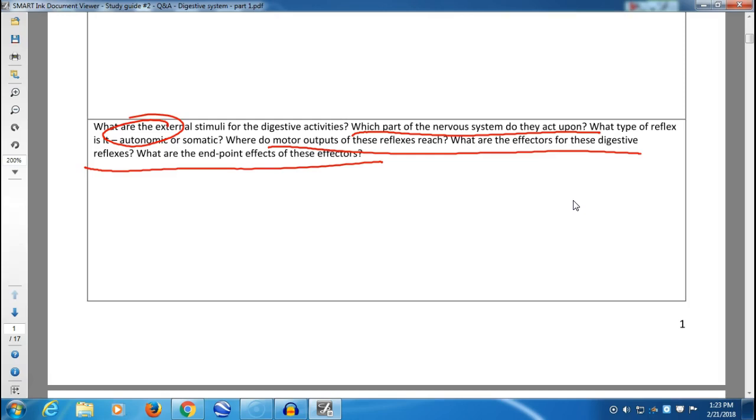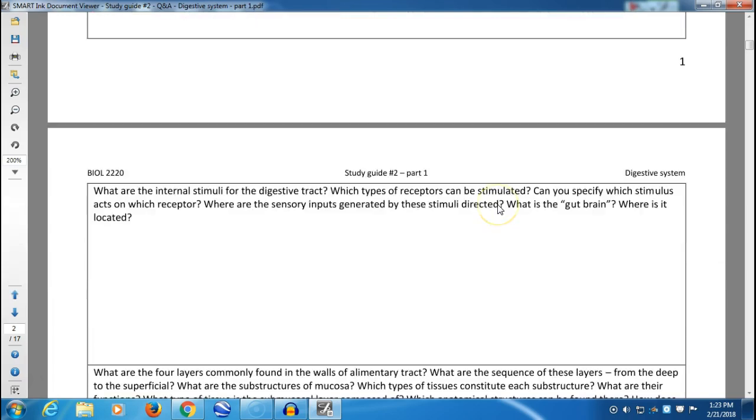Muscles and glands. So glands, obviously, secretion of juices, and what else? Which muscles? Smooth. That's it. Cool. And yeah, we're going to review the quiz at some point. Internal stimuli, basically understand, distension and chemicals, food.